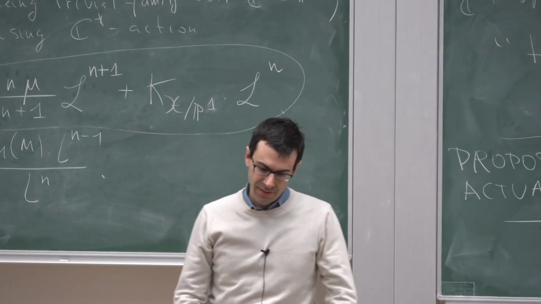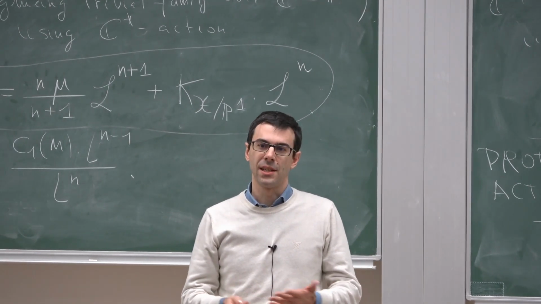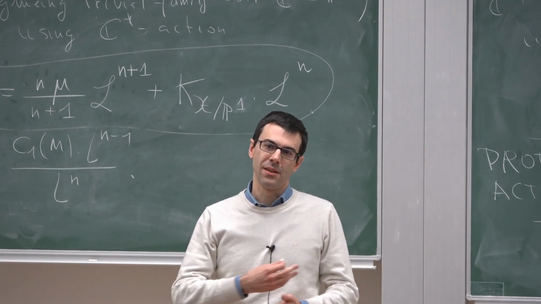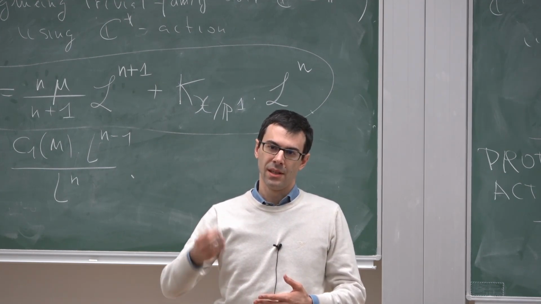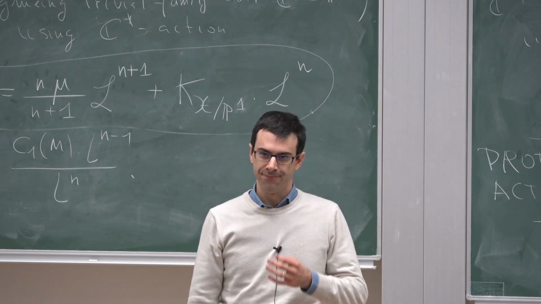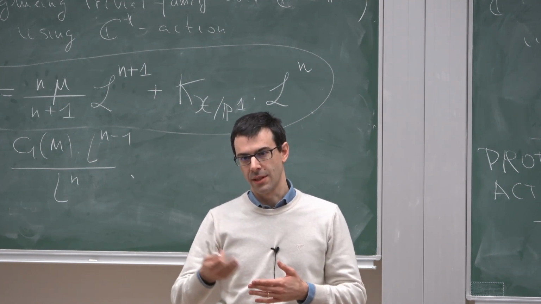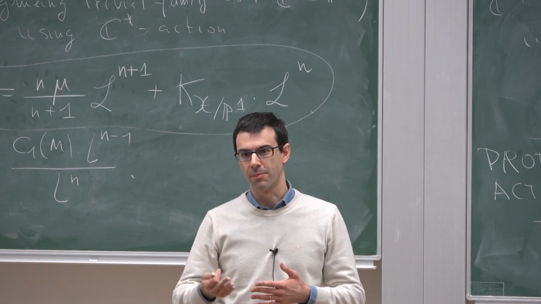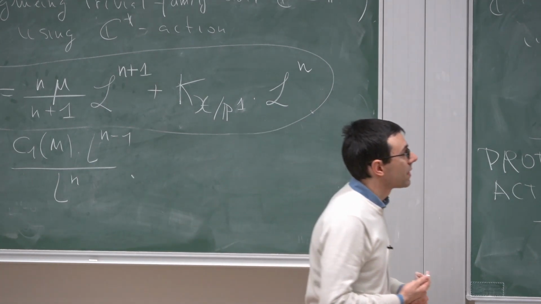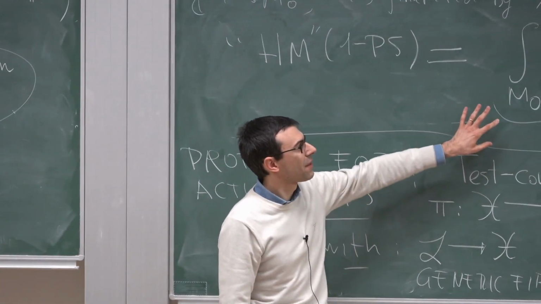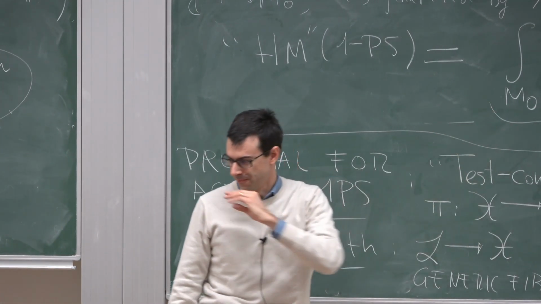It's the way you would define it in GIT by saying it's given by flowing along the 1PS to a fixed point and computing the moment map there for this induced action you have on the fixed point, and it's the only possible way to do it. It would be great if it's enough to just test for this.